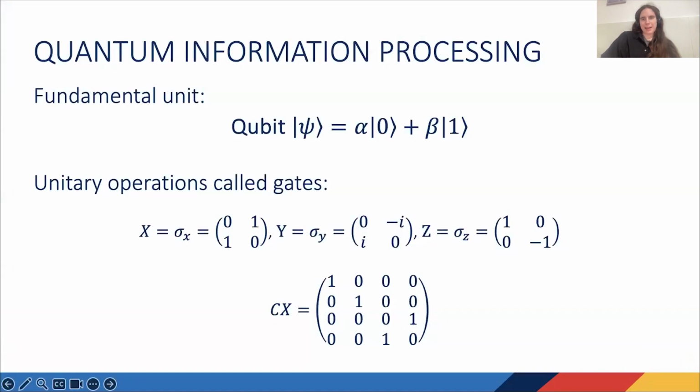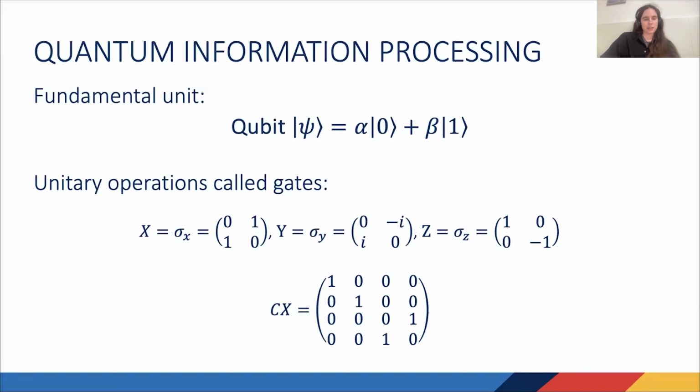So before we get even into reinforcement learning or gate design, what is quantum information and what are we even trying to work with here? In a classical computer, when we think about information, we just think about bits, which are 0 or 1.